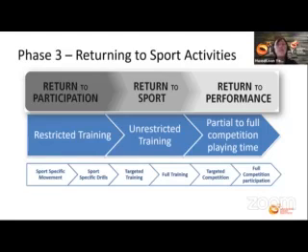So within this phase of returning to sports activities itself, we actually break down into 3 subgroups. First of all, we would look at returning to participation, followed by returning to sport, and then lastly returning to performance.